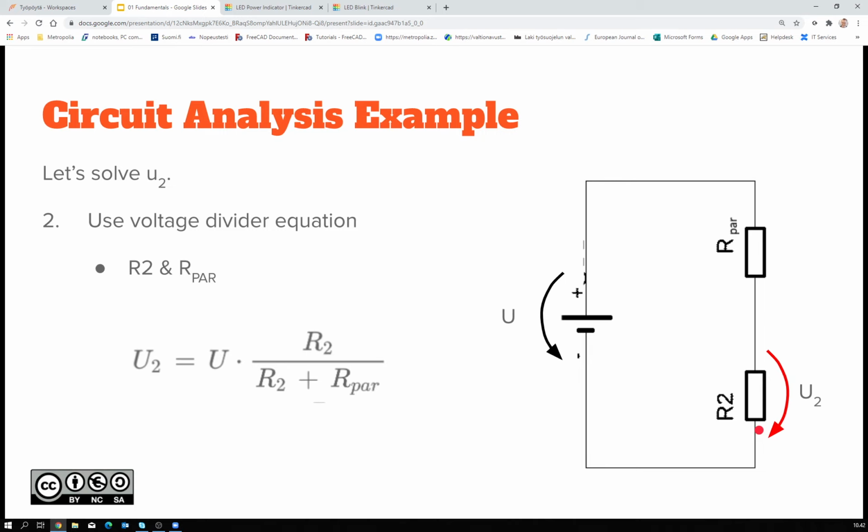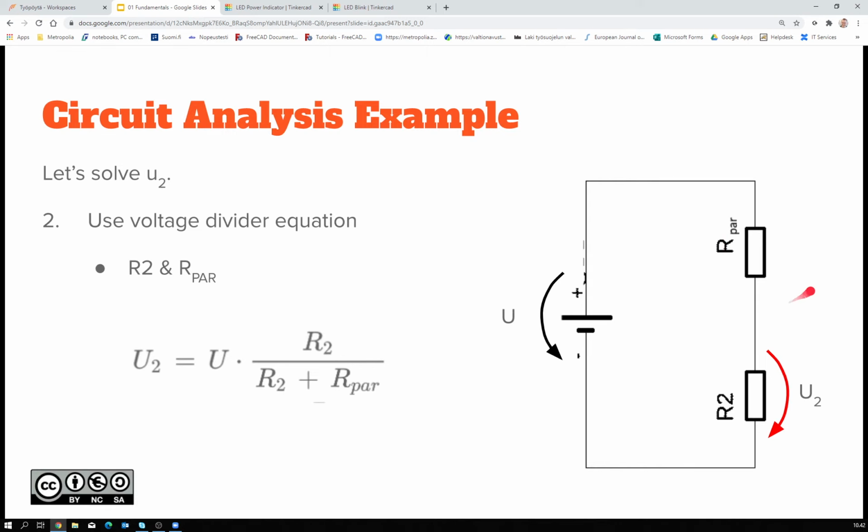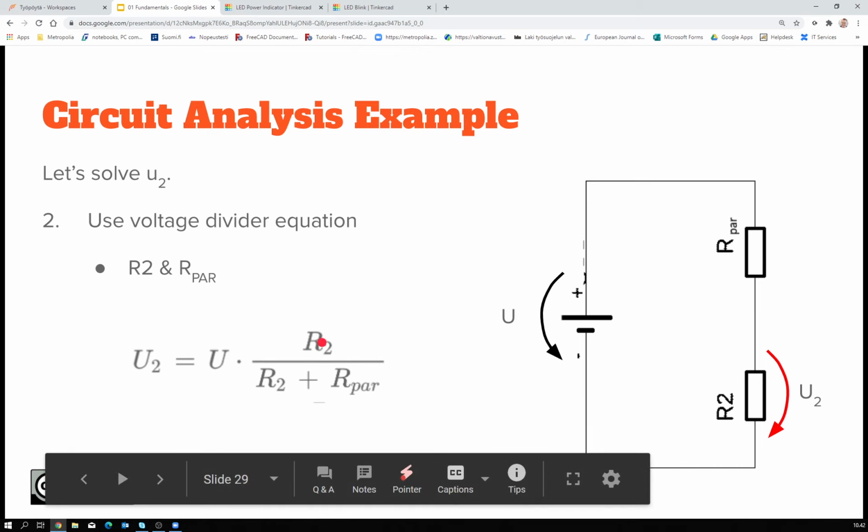So next we can have this kind of equivalent circuit. We have that R1 and R3 are now simplified by one single resistor, and now you can use the voltage divider equation to calculate the U2, which is simply the original power supply voltage U times that resistor divided by R2 plus R par.